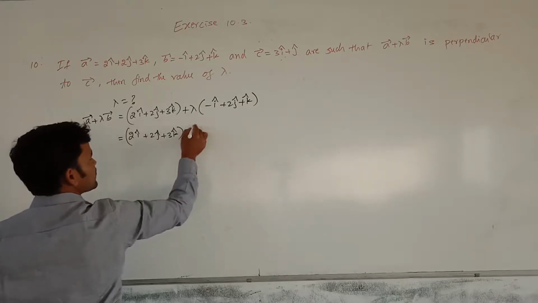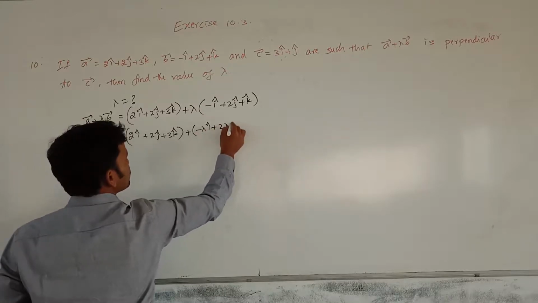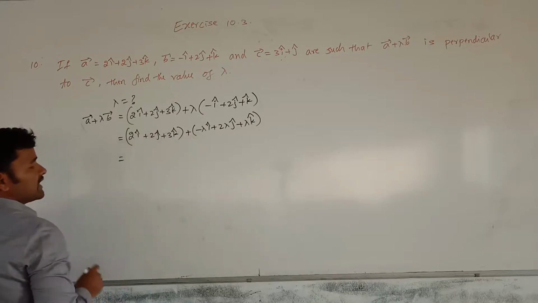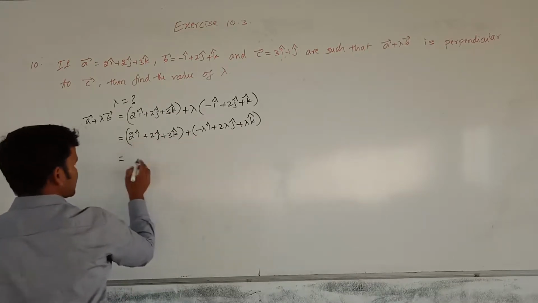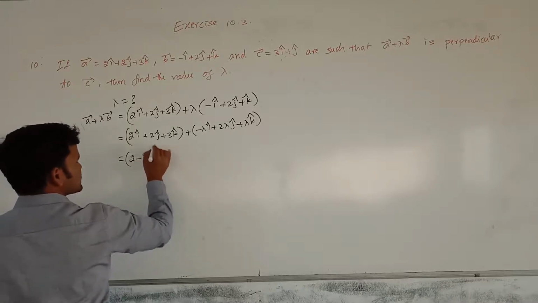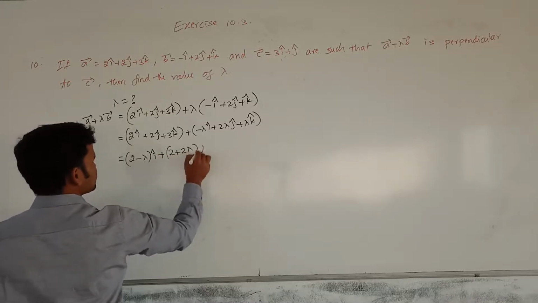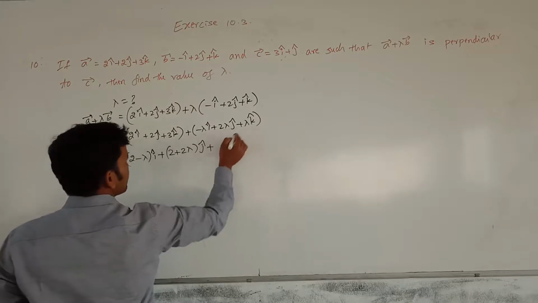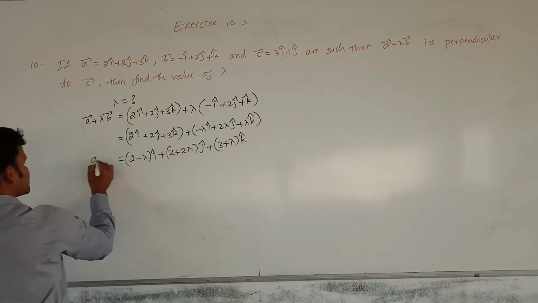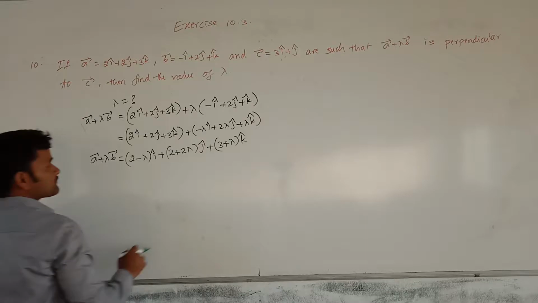This lambda will get multiplied to all the terms: minus lambda i plus 2 lambda j plus lambda k. Now adding the i components, 2i and minus lambda, it will be 2 minus lambda into i cap, plus 2j and plus 2 lambda, it is 2 plus 2 lambda into j cap. Here 3k plus lambda k, it is 3 plus lambda into k cap.